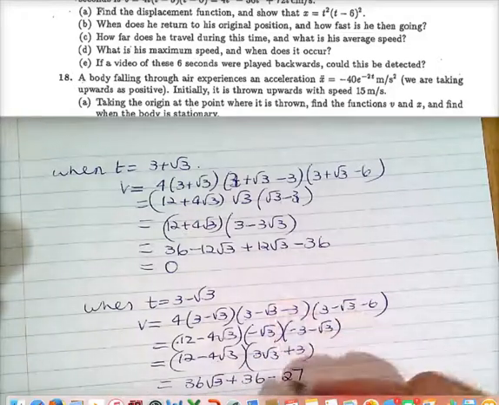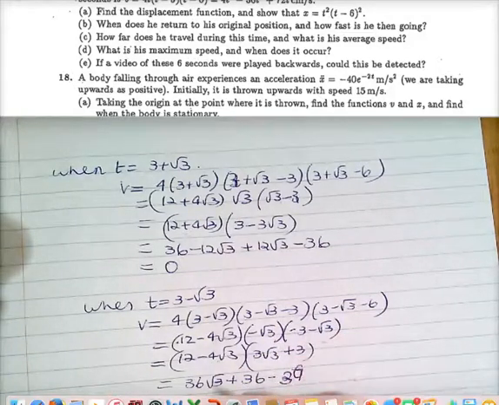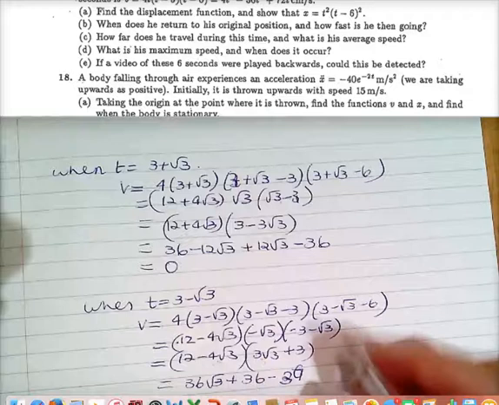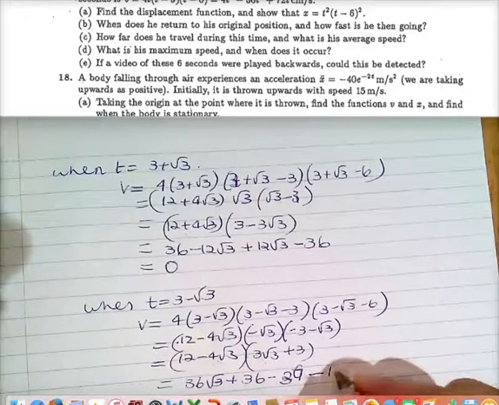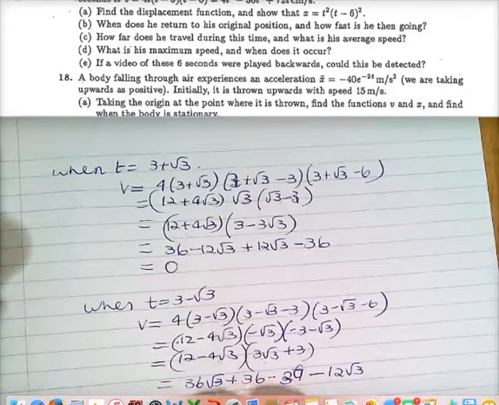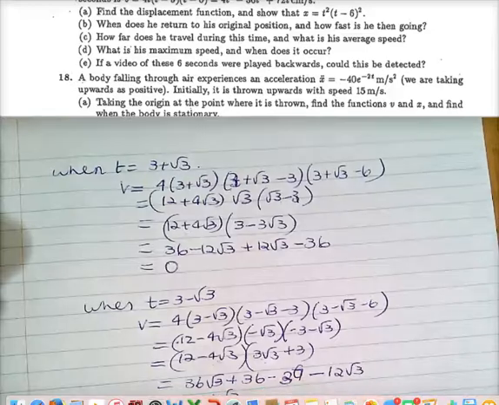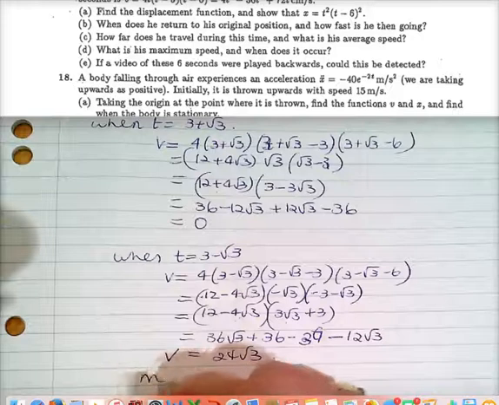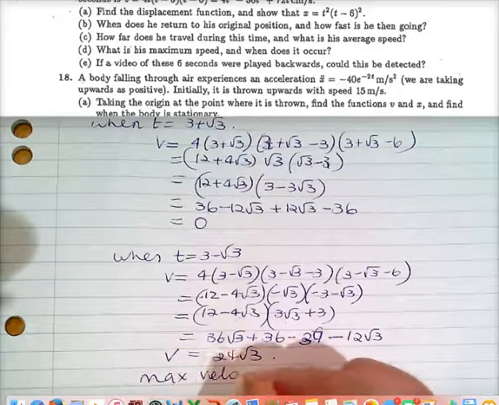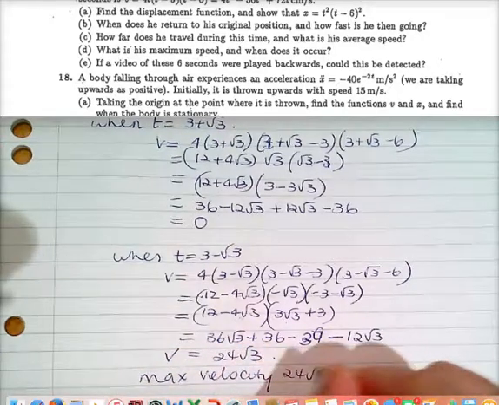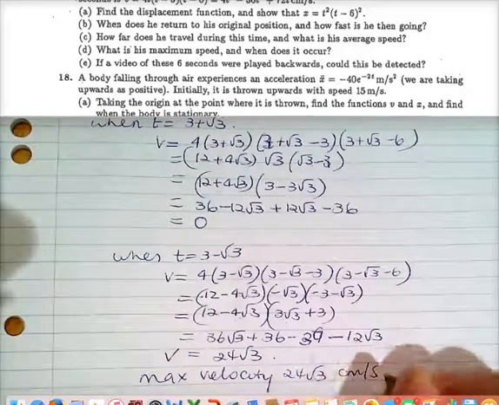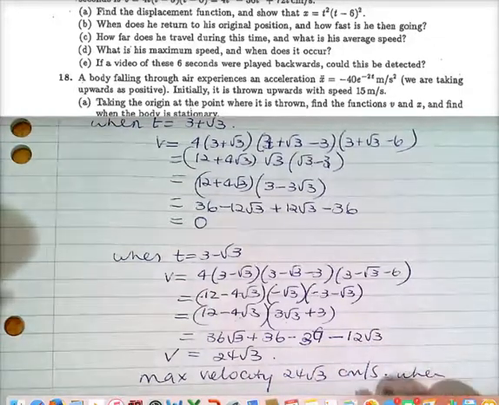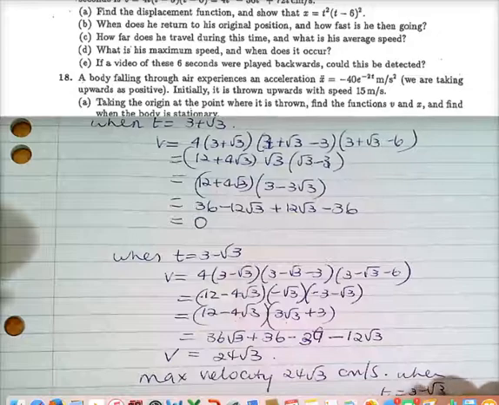No, 12 times 3 is 36, sorry. 12 times 3 is 36 minus 12 root 3, which is 24 root 3. That's better. So therefore, that's the maximum velocity of 24 root 3 centimeters per second, and it's when t is 3 minus root 3.